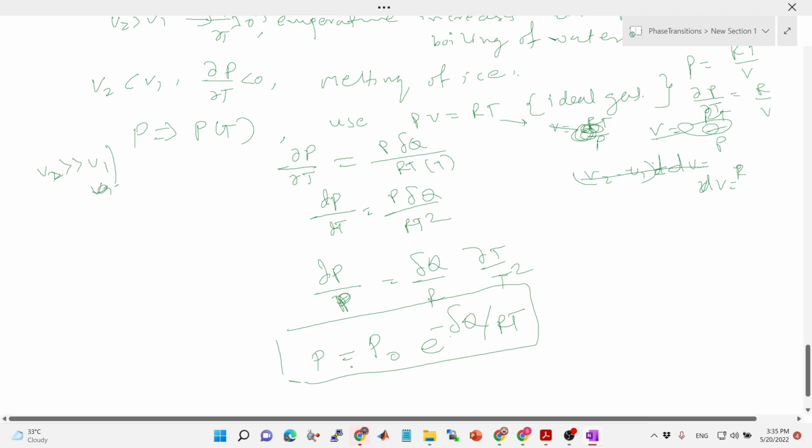When you take out the ln on both sides, you will get P is equal to P0 e to the power minus delta Q upon RT.